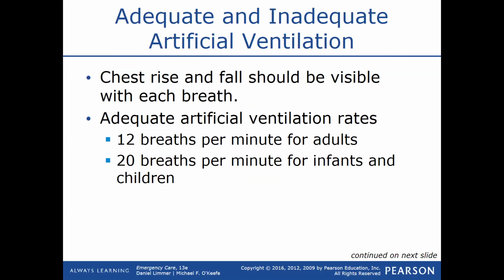Who can tell me why there is a difference there? Because children and infants breathe at a much faster rate than adults by themselves. The reason is that they're not as efficient as we are. Our bodies, when we grow up, are more efficient with oxygen, so we don't need to breathe as much per minute.